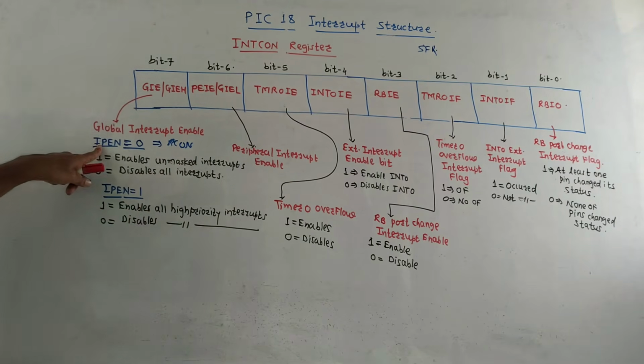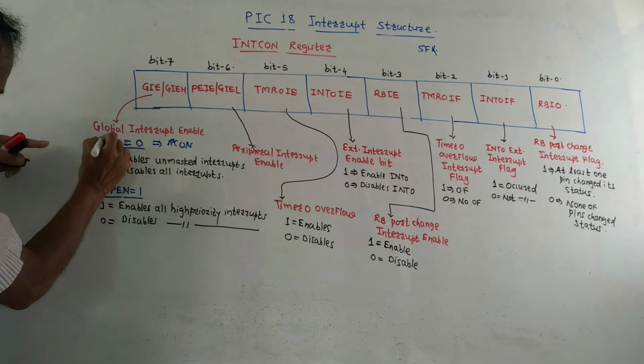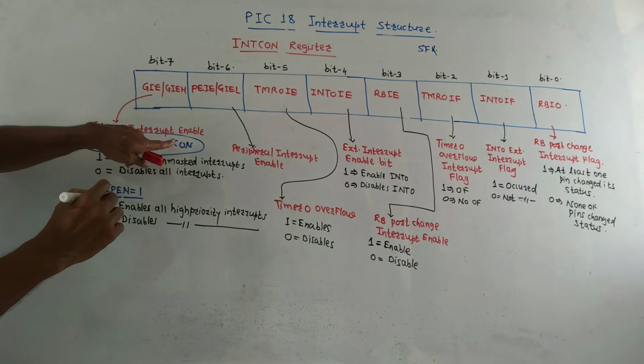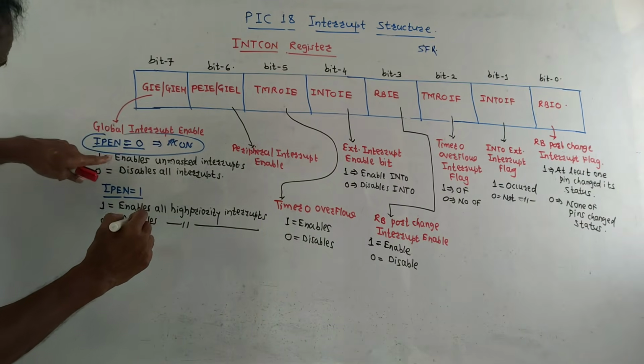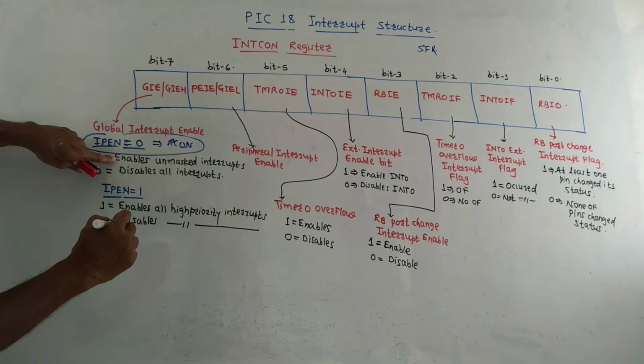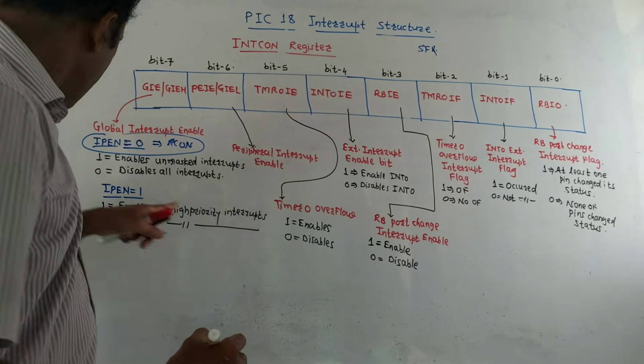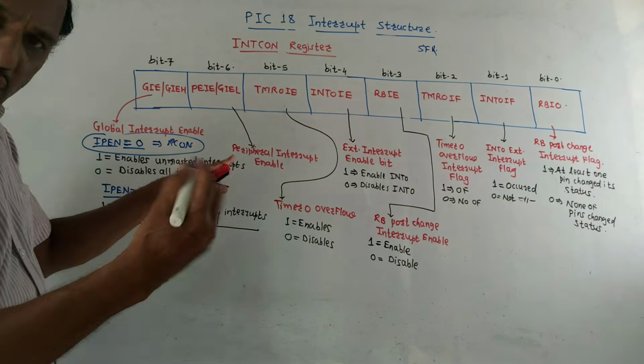If IPEN is 0, then this condition must be occurred. If IPEN is 0 in the RCON register, and then if this bit is 1, it enables all unmasked interrupts, and if it is 0, it disables all interrupts.